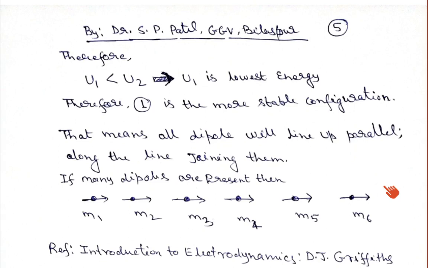To obtain the lowest energy configuration, all dipoles align in the direction of the magnetic field and along the line joining them. So the paramagnetic material becomes magnetized. If you remove the magnetic field, the thermal energy again makes the dipoles randomly oriented. I will discuss that in the next topic.